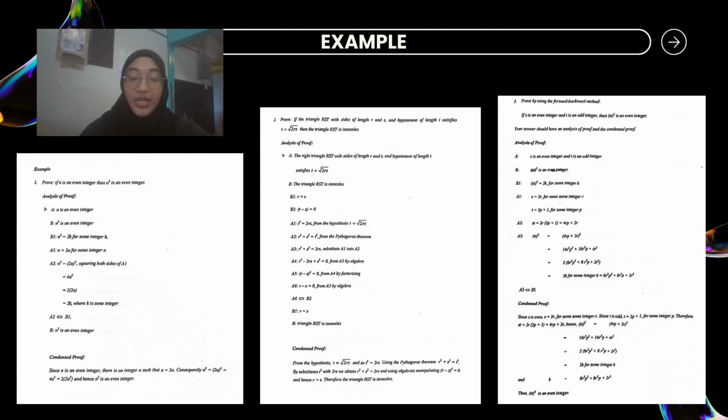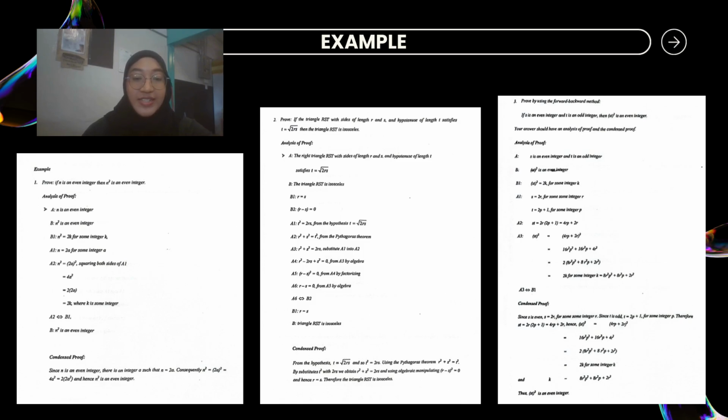A2: r squared plus s squared equals t squared, from the Pythagorean theorem. A3: when we substitute A1 into A2, we get r squared plus s squared equals 2rs. A4: from A3, we get r squared minus 2rs plus s squared equals 0.